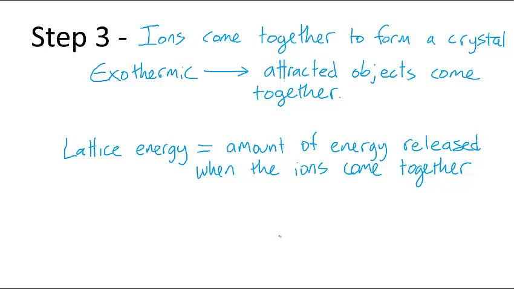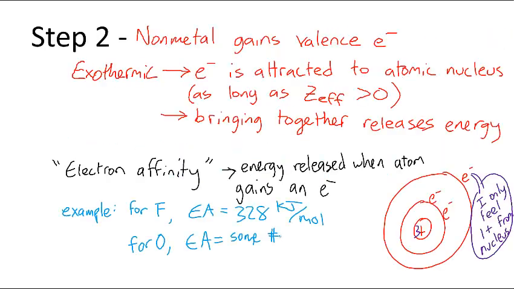So the lattice energy becomes important in making ionic compounds favorable. For oxygen, electron affinity would be some number. For O minus, there is no electron affinity, because it doesn't want to accept a second electron. It's not going to release energy if you give it a second electron.